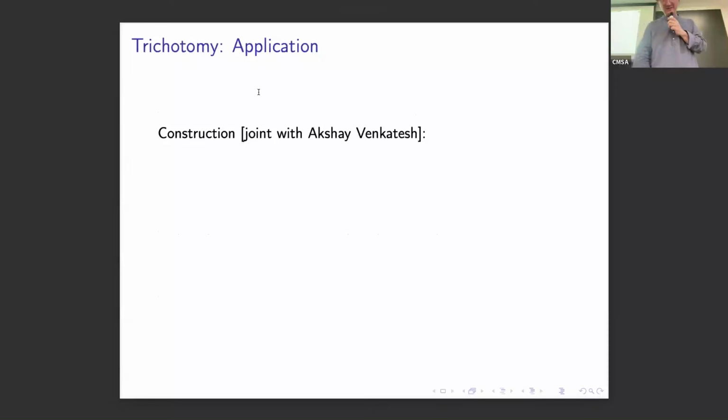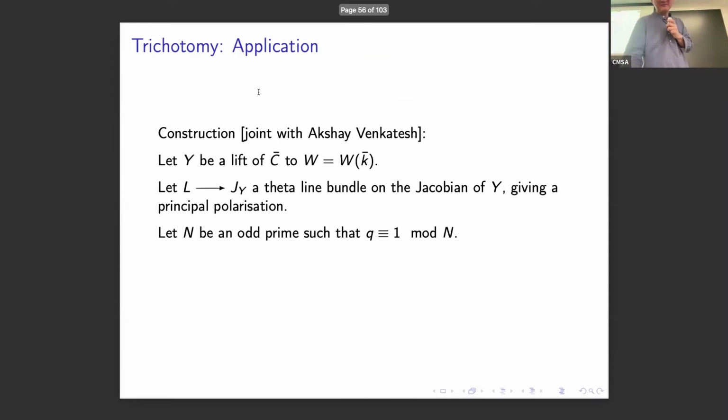Here's a construction that I worked out with Akshay a few years ago, and then forgot about because I'm too lazy, and Akshay is busy thinking about far more important things. So it just lay there, but it's kind of interesting as a motivating construction of these arithmetic QFT ideas.